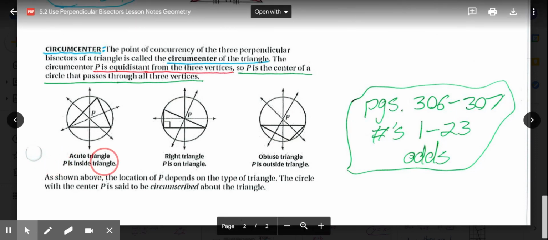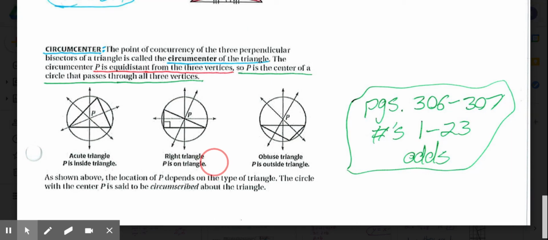So acute triangles, if we did the circumcenter of an acute triangle, meaning we would do the three perpendicular bisectors, our circumcenter ends up inside the triangle. If we're dealing with a right triangle and we find the circumcenter, it ends up on the triangle. And if we have an obtuse triangle, the circumcenter is outside of the triangle.